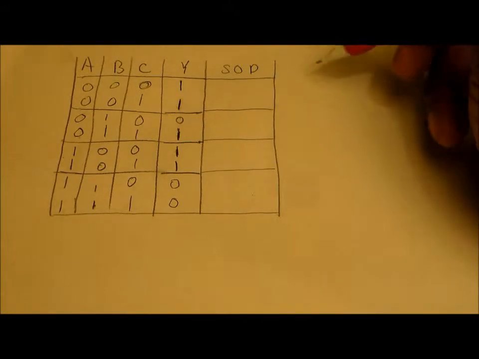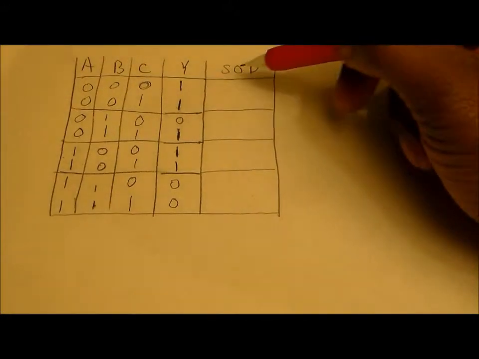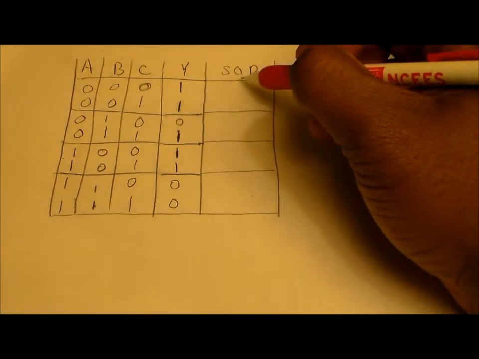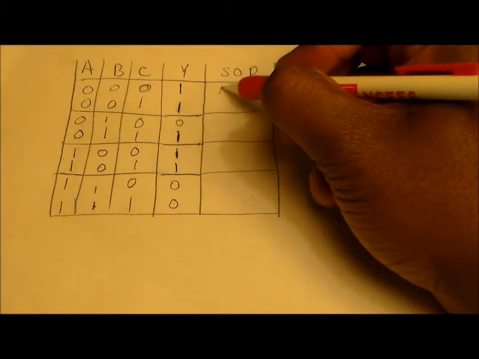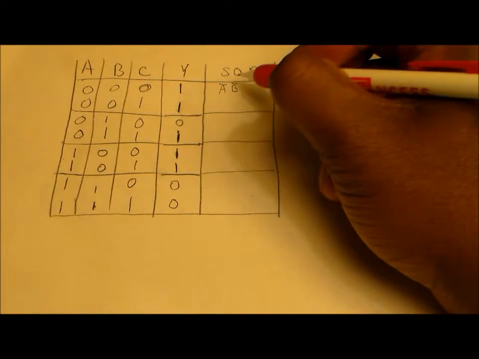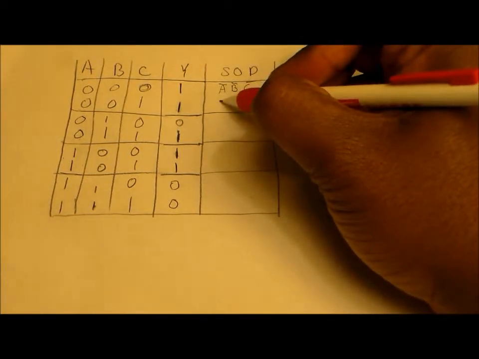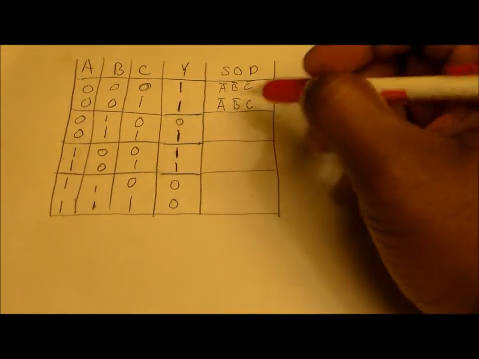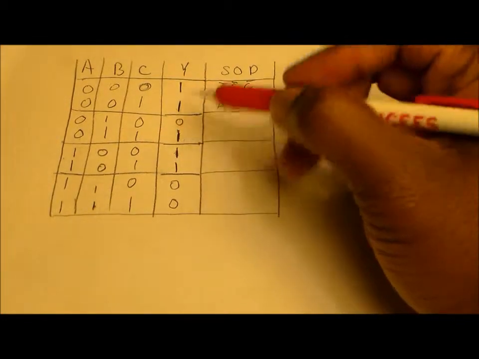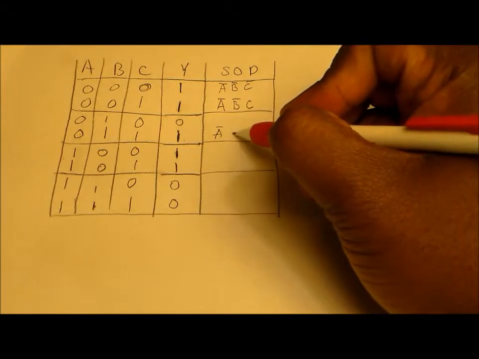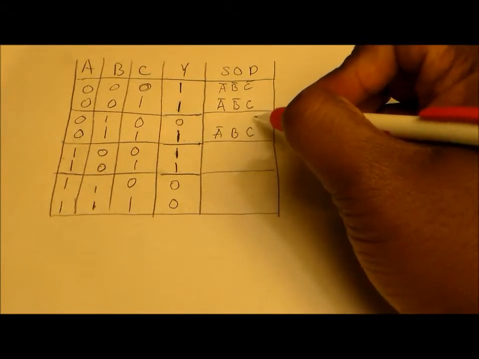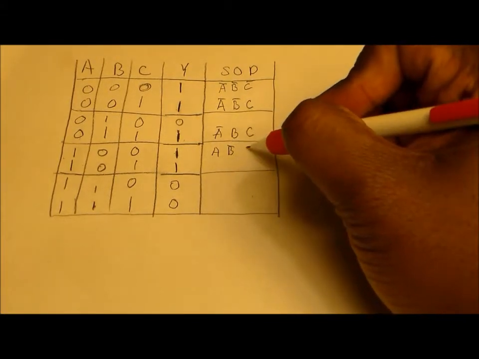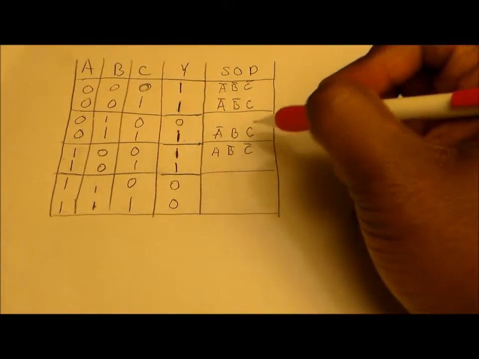If we were to write the sum of products for each of these terms, or to be more specific, the terms where we have an output of 1, then each of the products would be A naught, B naught, C naught, and then we'd have here A naught, B naught, and C. And then we'd move down here to where we have our 1 for the output, which would give us now A naught, B, and then C. And down here we'd have A, B naught, C naught.